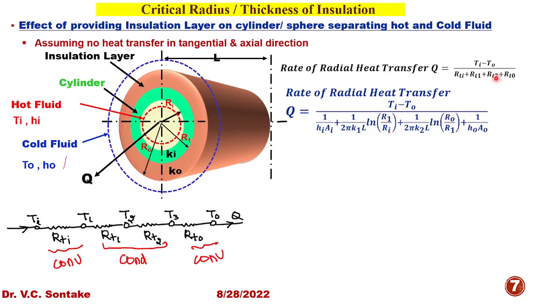Conductive thermal resistance of the insulation RT2 is given by 1 over 2 pi k2 L log ro by r1. And finally, the convective thermal resistance of cold fluid film is given by 1 over ho Ao, where Ai is the inside surface area of the cylinder and Ao is the outside surface area of insulation material.